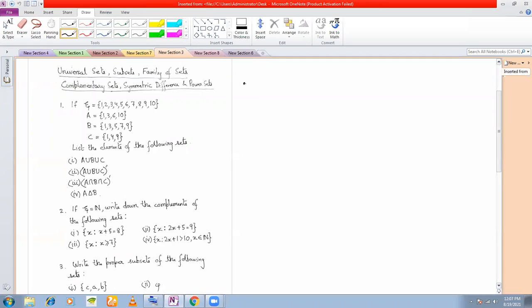So if we look at 1, these are very simple problems which you have already done. But because there are 3 sets involved, let's just do this. So A union B union C is the union of these 3 sets.